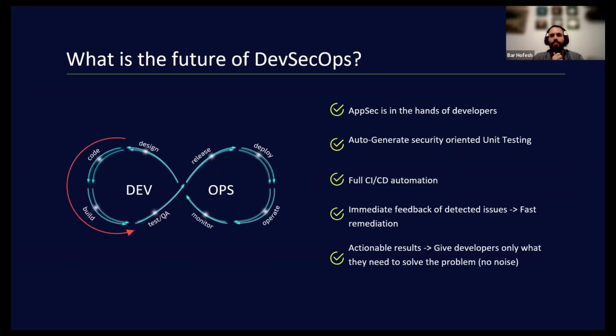Now, we're talking about the future of DevSecOps. So obviously, what we want to see is AppSec in the hands of developers. So we want to bring AppSec as close to the developer's hands as possible.